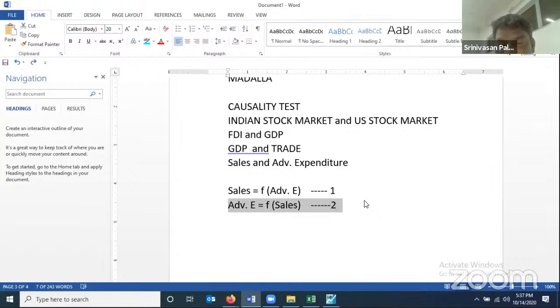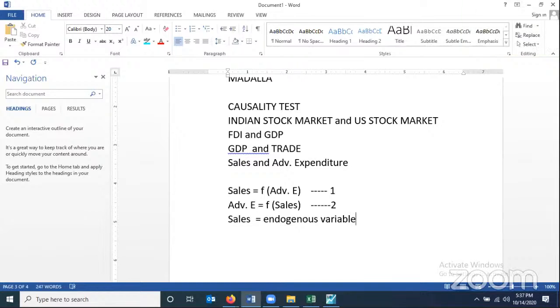You understood? Here, sales is the endogenous variable. Why is sales an endogenous variable? Any idea? Because we are estimating only the first equation.